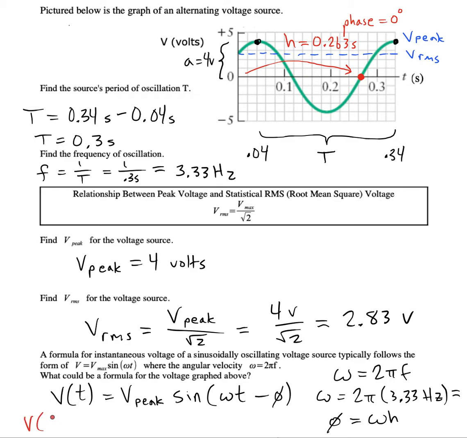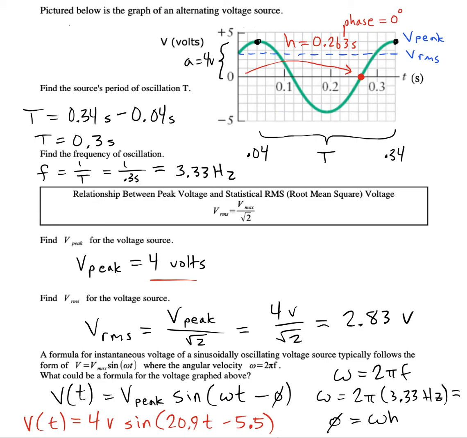We'll get V of t is equal to the peak voltage, which was 4 volts, times the sine of omega times t minus our phase difference that we calculated.